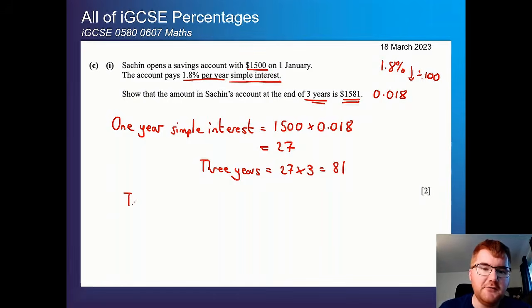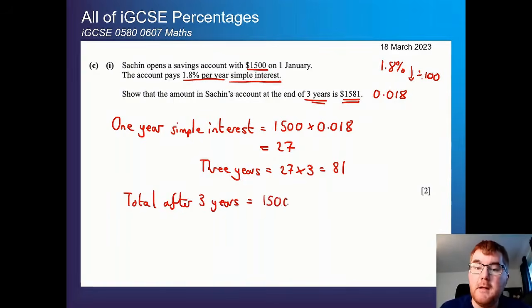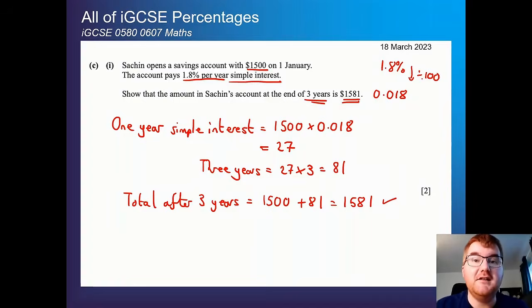Therefore, the total in the account after 3 years will be the initial 1,500 deposit plus this $81 of interest, and that gives us 1,581. It's always so satisfying in a question like this to get to the correct answer at the end.